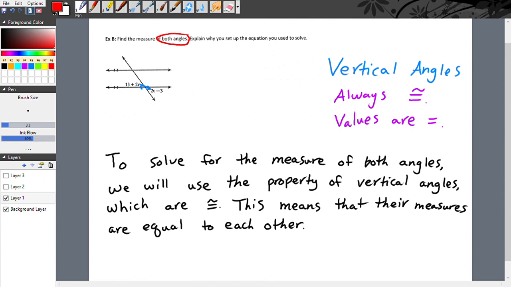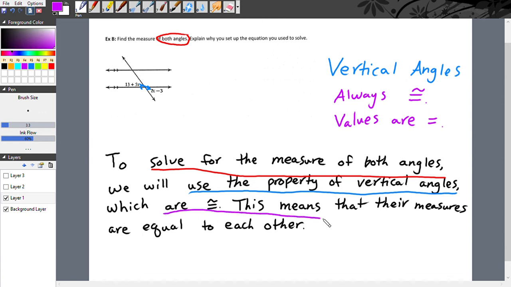So let's break this down again just to take a look at our parts that we have. So, what are we solving for? We are solving for the measure of both of the angles. That's my step 1. Step 2, what are we using? We're going to use the property of vertical angles. What is that property? What do we know about vertical angles?